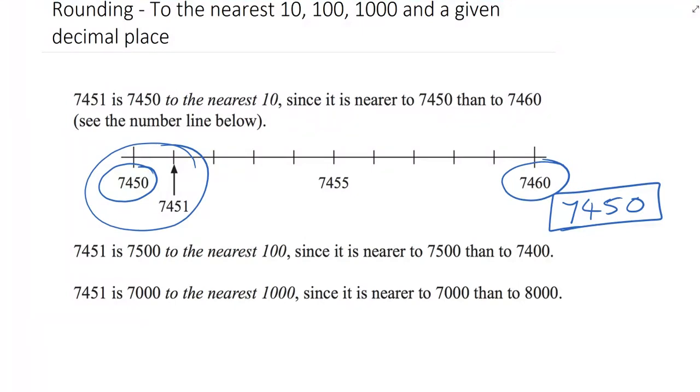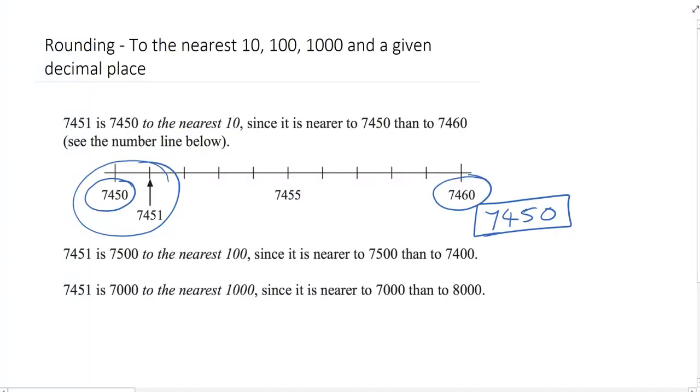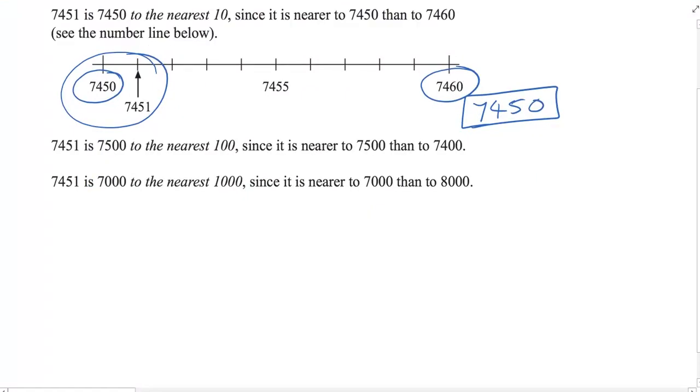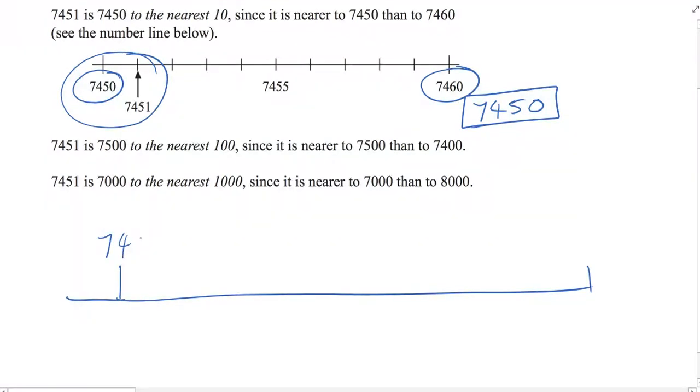So if we were going to move on and consider exactly the same number and rounding it to the nearest 100, well, in this case, we need to draw our diagram a little bit differently, our number line. So if we consider 7451 to the nearest 100, imagine a number line where we only see 7400 and 7500. These are both values to the nearest 100.